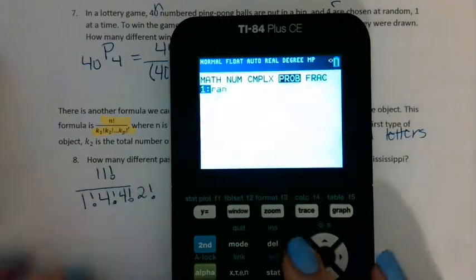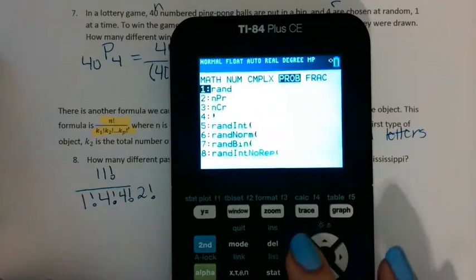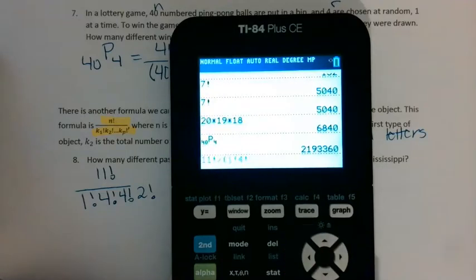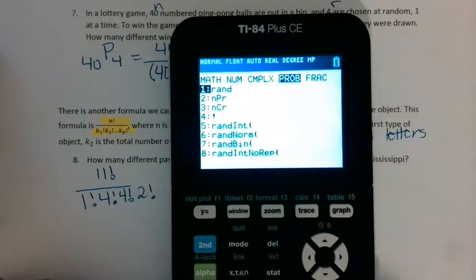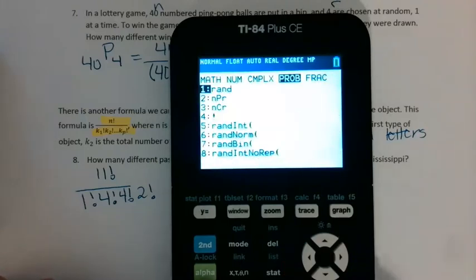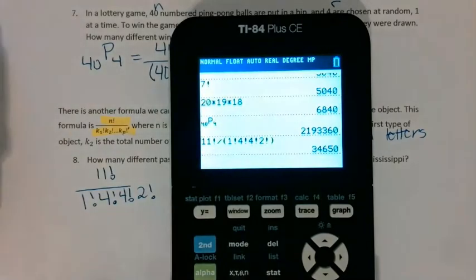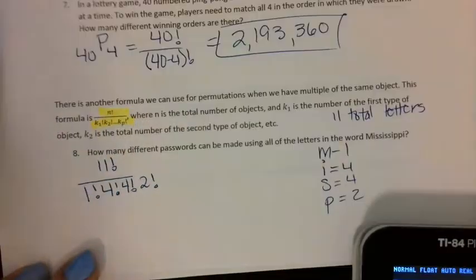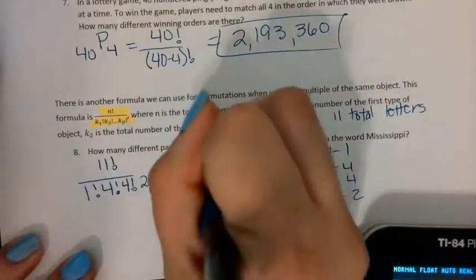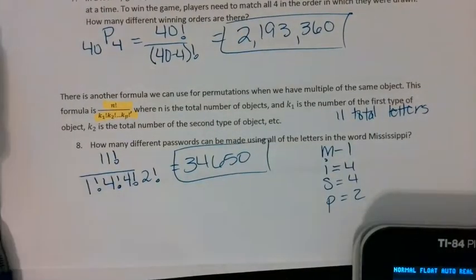Then I go to math, probability, choice 4, for 1, 4, 4, and 2. And then close my parentheses, and it gives me 34,650. So there are 34,650 different passwords that can be made from the letters in the word Mississippi.